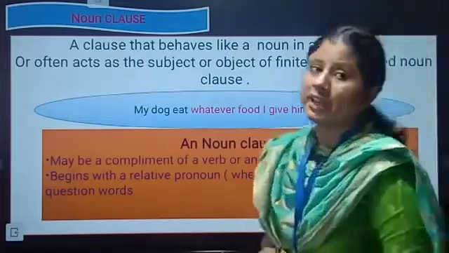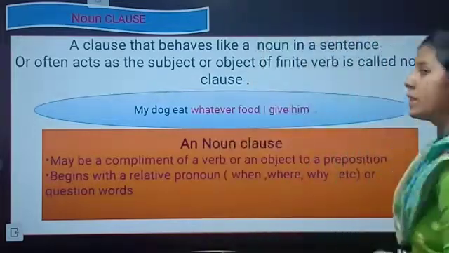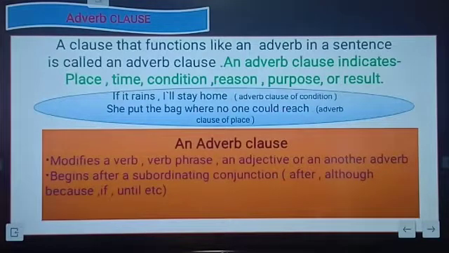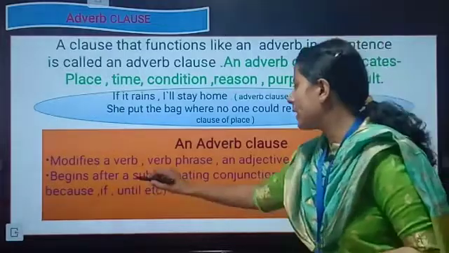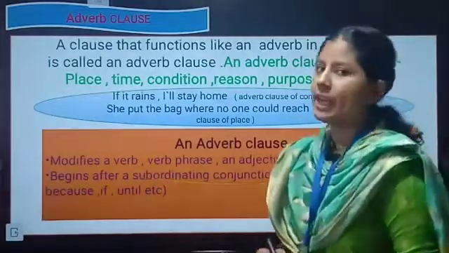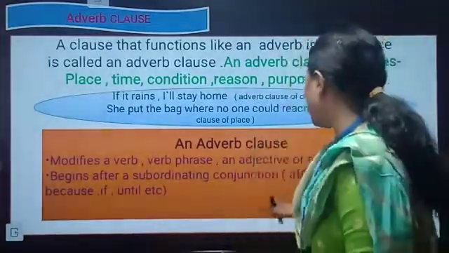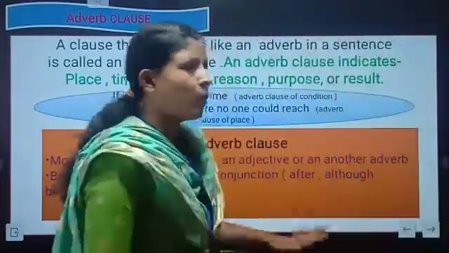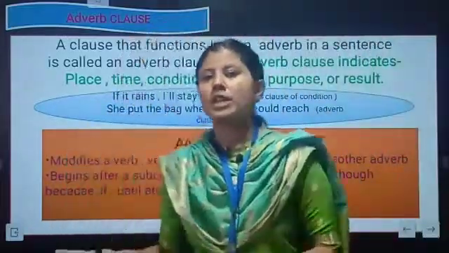But an adjective clause modifies the noun or the pronoun. And the next is the adverb clause. An adverb clause begins with the subordinating conjunctions, and they are after, although, because, and many more. Okay, I hope it is clear to you.